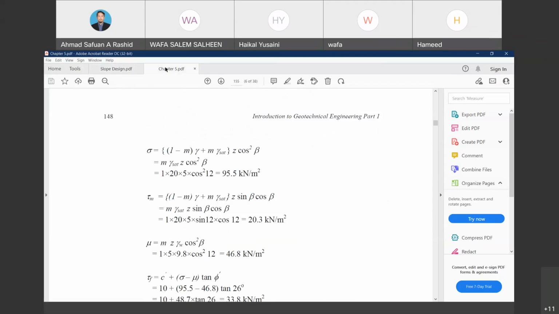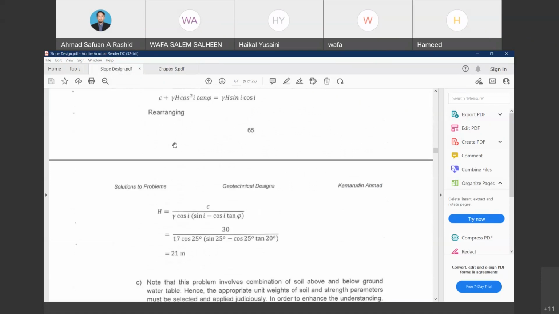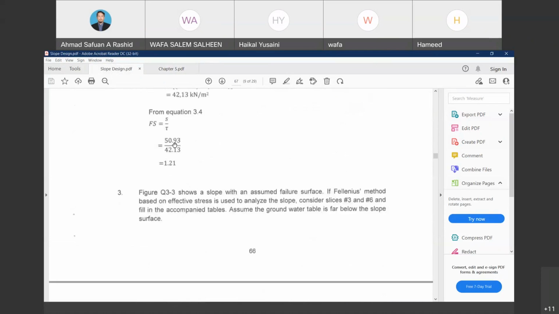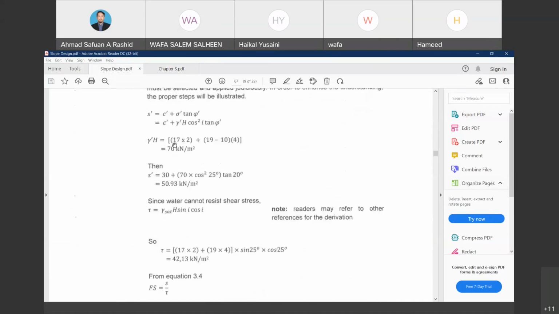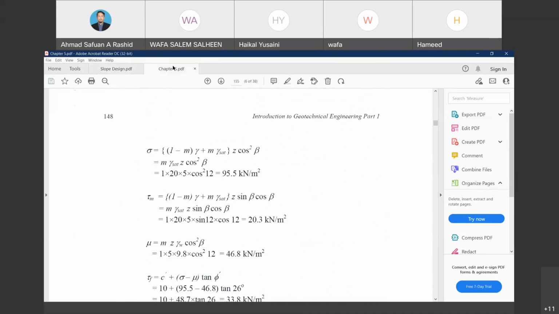Does it have the same value as the example from Dr. Kamarudin? In Dr. Kamarudin's, he can just get the S directly. So we calculate first for the sigma.